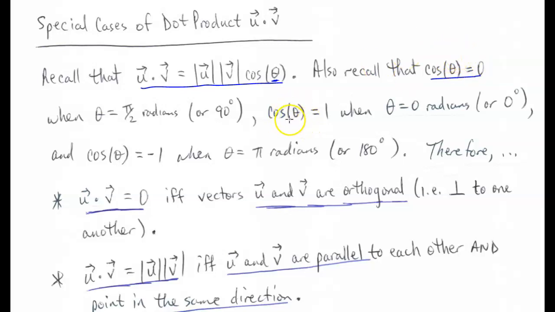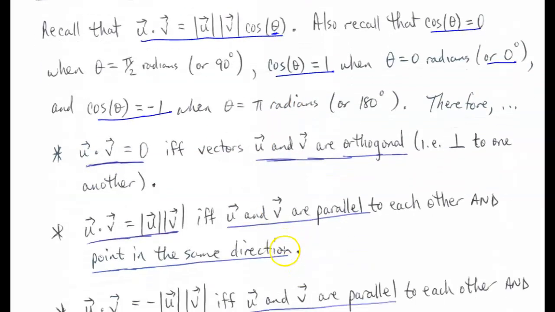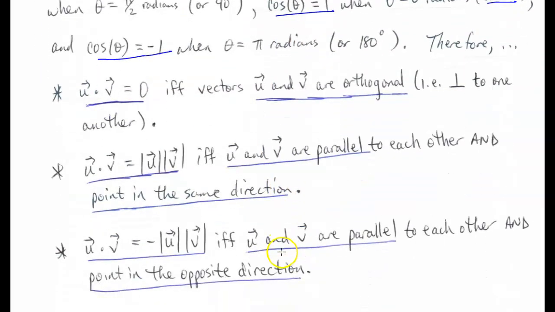If cosine of theta is equal to 1, that happens when theta is 0 degrees or 0 radians. Then of course, in that case, all of the magnitude will be transferred over. And when theta is 180 degrees, cosine theta is -1, and all of it's transferred over, but in the opposite direction.